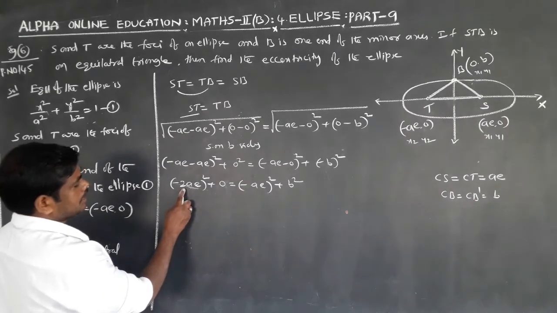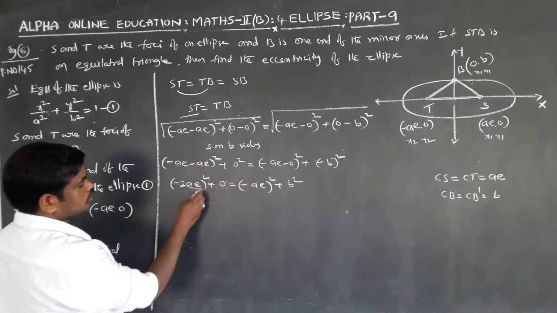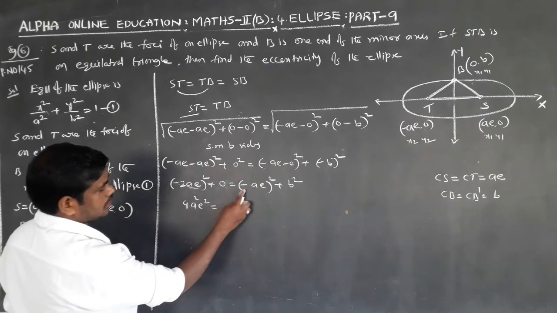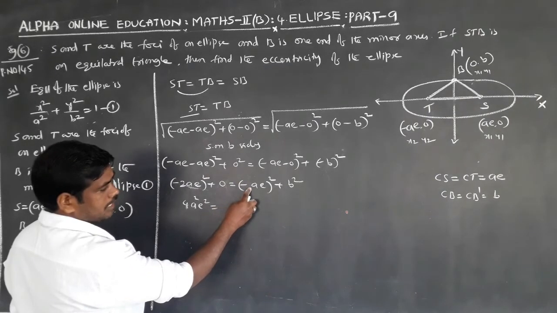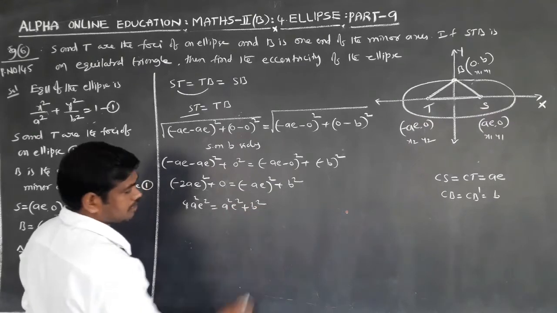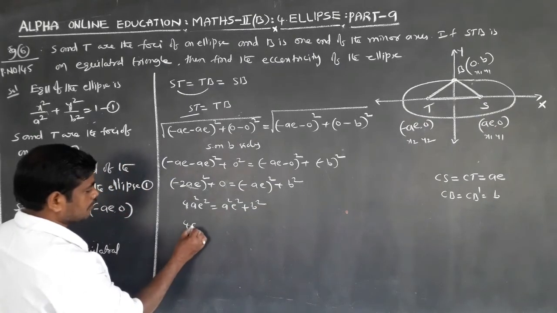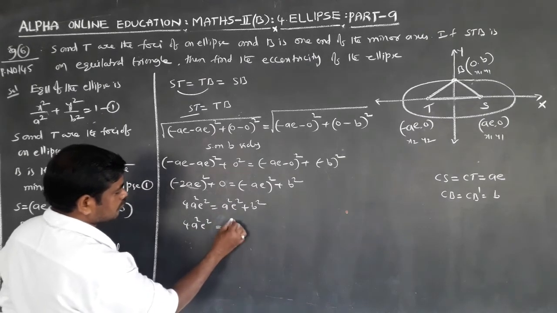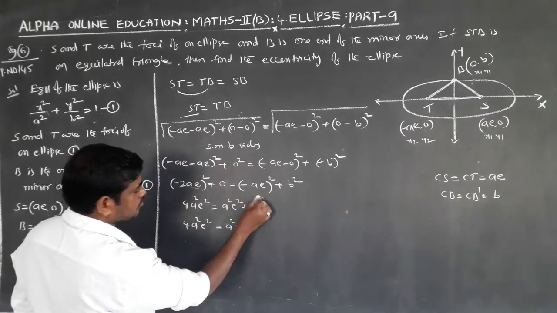Minus 2AE whole square means 4A square E square is equal to, here minus AE whole square means A square E square plus B square. 4A square E square is equal to A square E square.